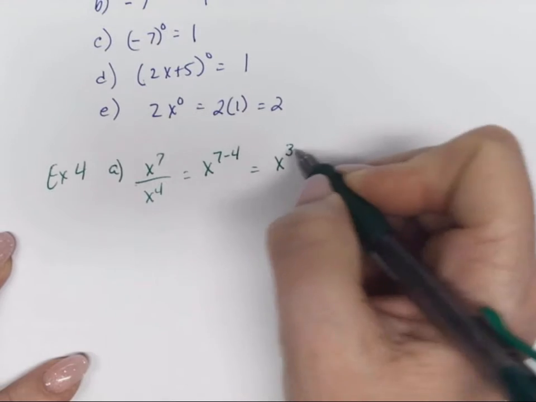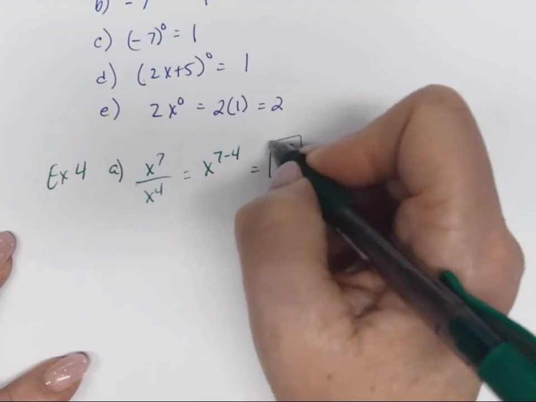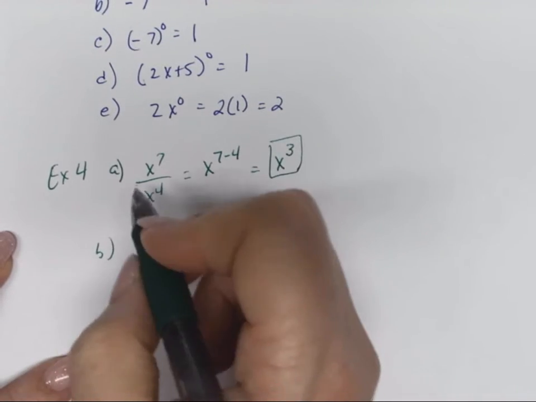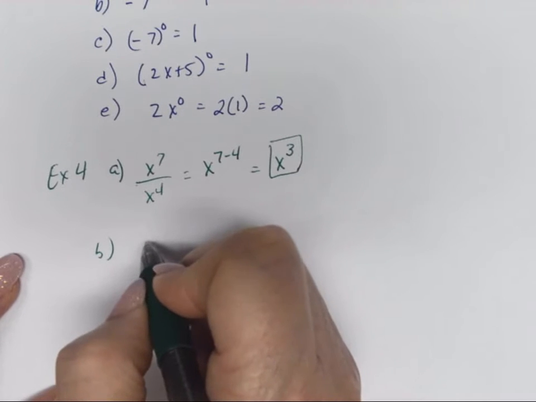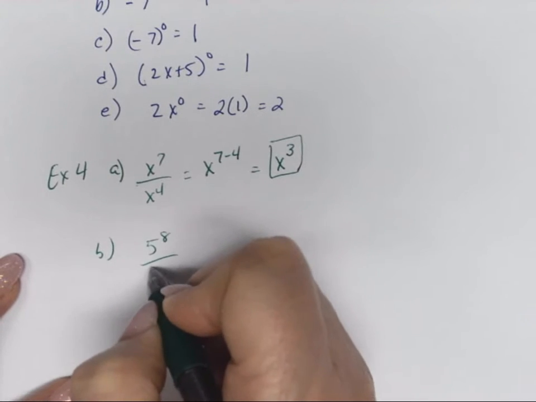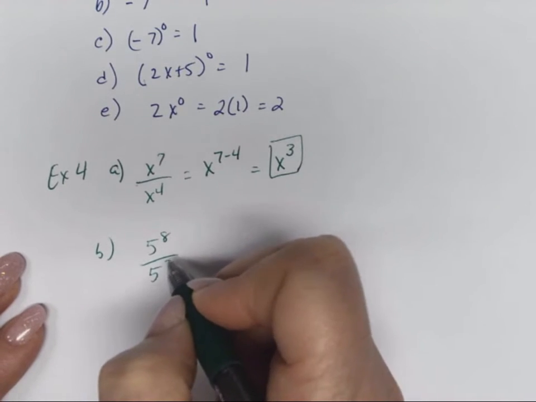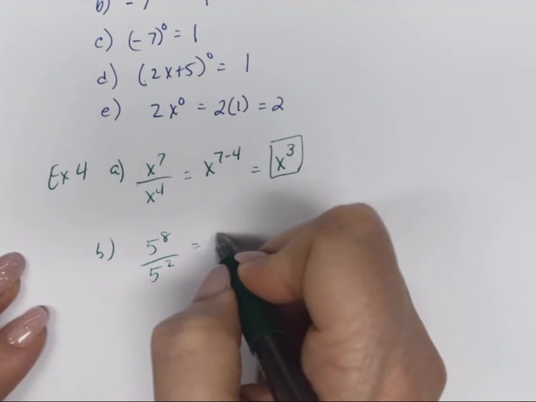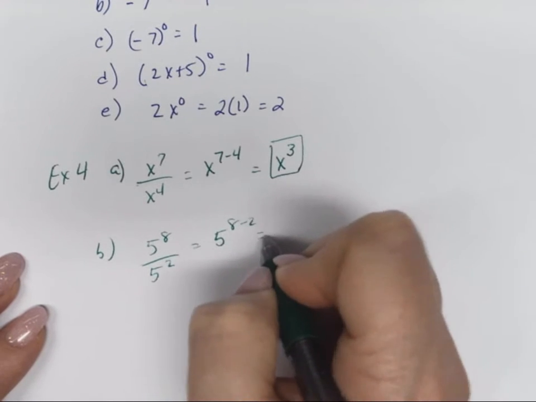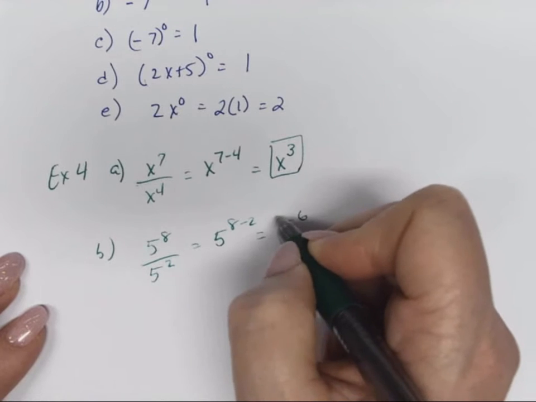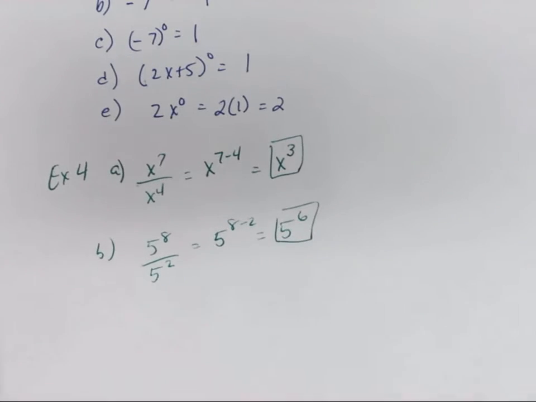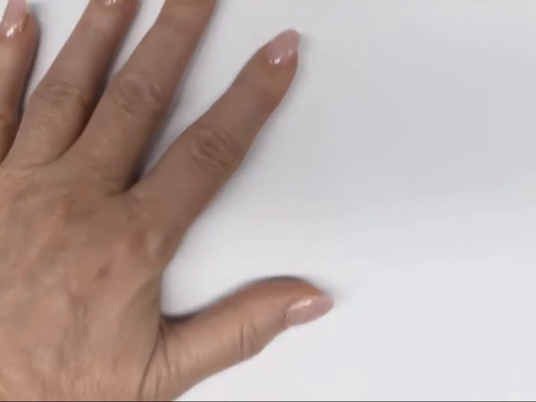So this will be x to the third, and that'll be your answer right there. The second one, if we have 5 to the 8 divided by 5 squared, that'll be 5 to the 8 minus 2, which will be 5 to the 6th. All right, let's go.